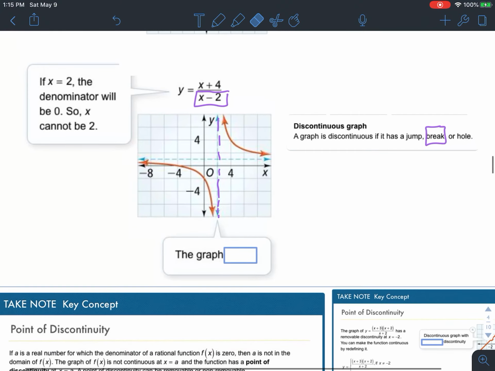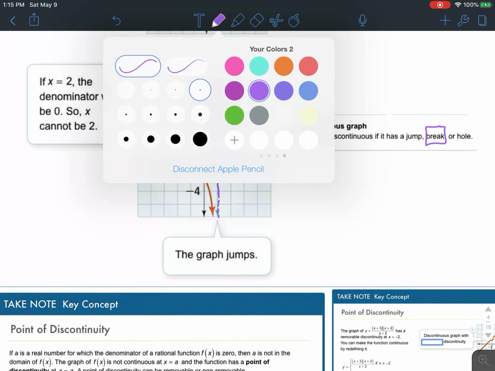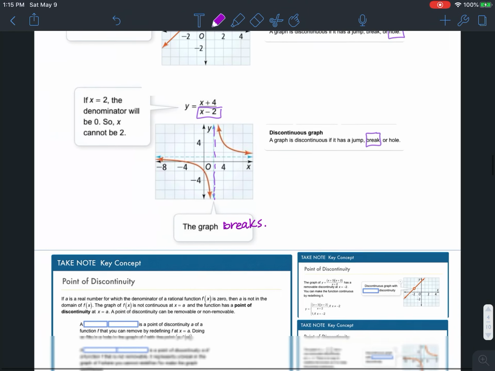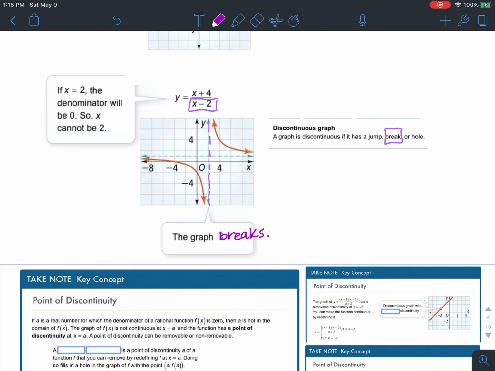So x can't be 2. And here they're saying the graph jumps. I disagree with that now that I'm paying more attention. It doesn't jump. That's a different kind of discontinuity that comes from piecewise functions. Piecewise functions are jumps. This graph breaks. Oh, you know I hate this book. And yet I keep using it.